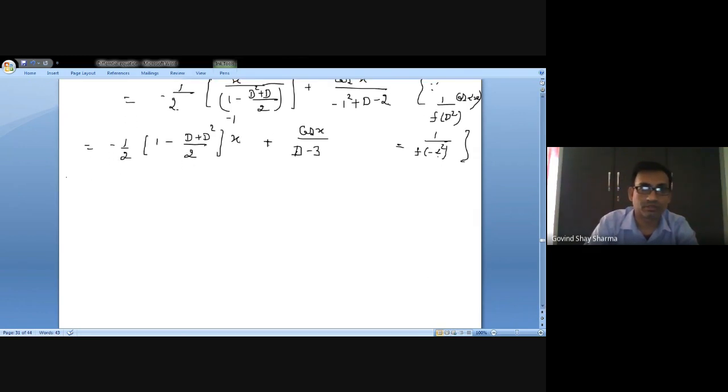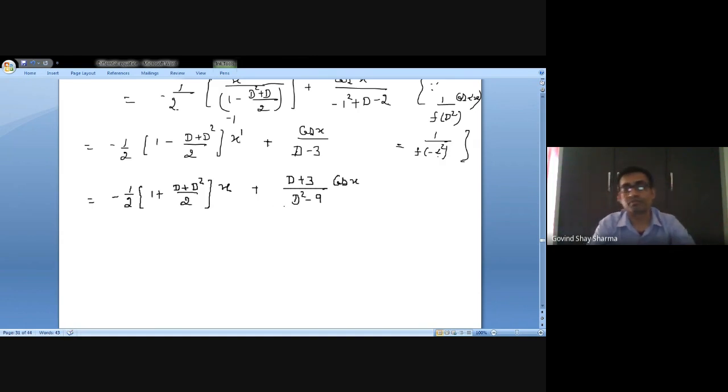Here we open the bracket: minus half of 1 plus D plus D square upon 2 and so on. Here m is equal to 1, so we expand it one time. And for the second term, d plus 3 upon D square minus 9 of cos x. To make D square we multiply both numerator and denominator by D plus 3.